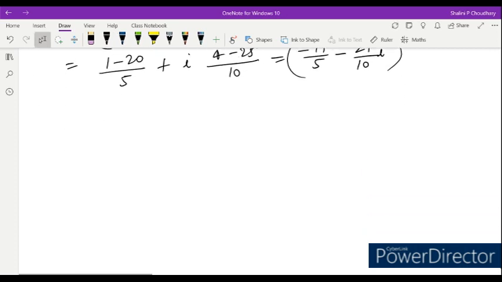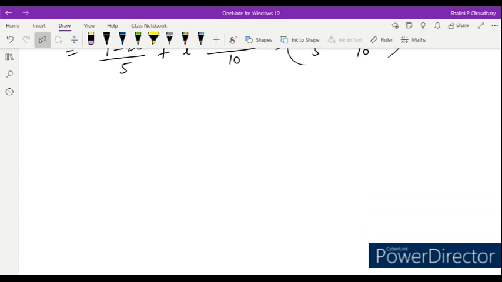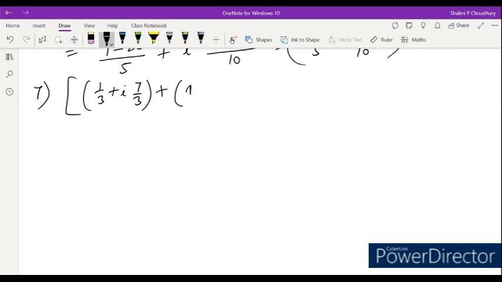Next question, the seventh question: 1 upon 3 plus i 7 upon 3, plus 4 plus i 1 upon 3, minus 4 upon 3 plus i. We have to convert this in the form of a plus ib.